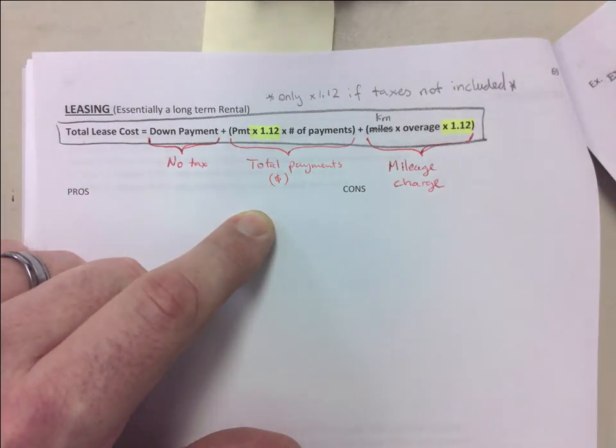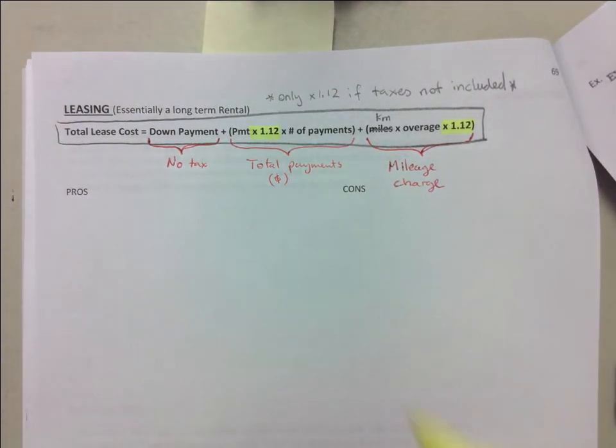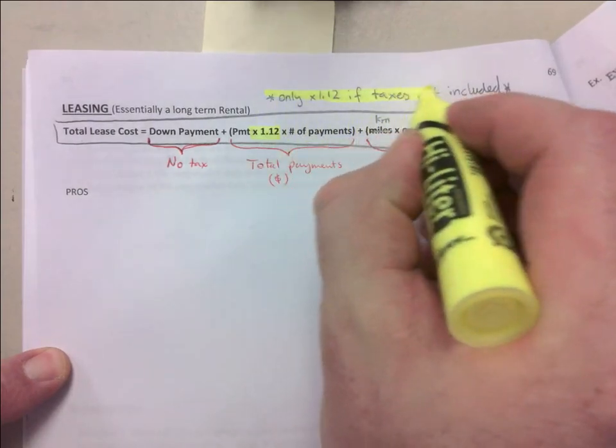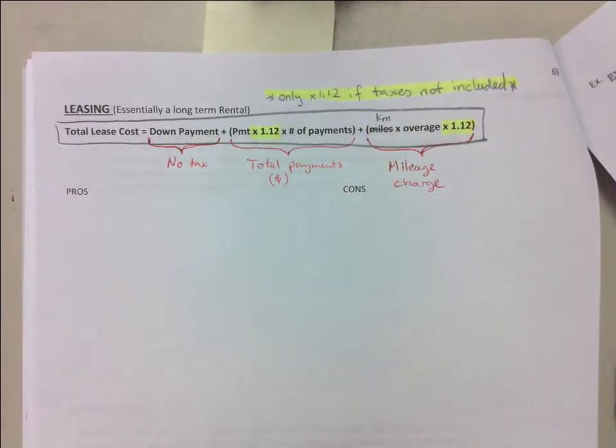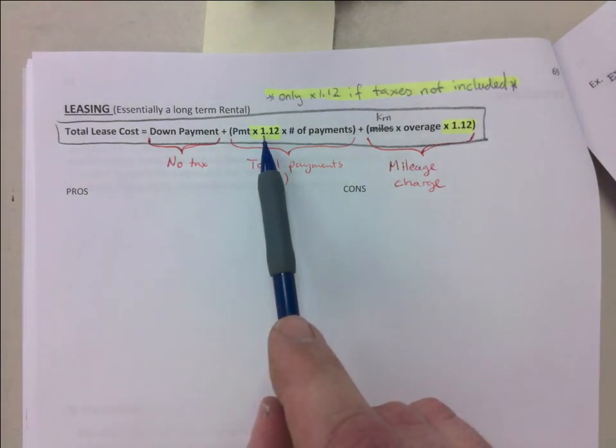That is a big note you need to add there, because some students just use that formula and it's like, oh, 1.12, I wonder why that is there, I'm just going to do it, right? No, you have to read the question carefully.